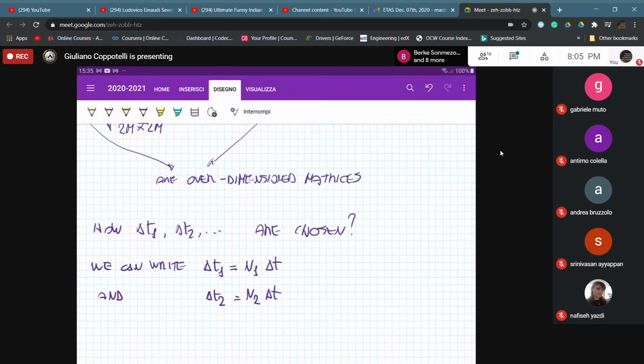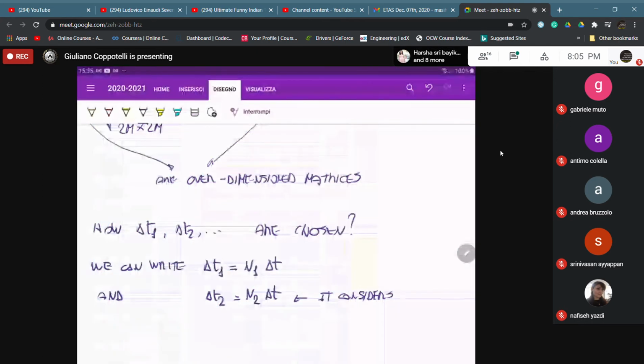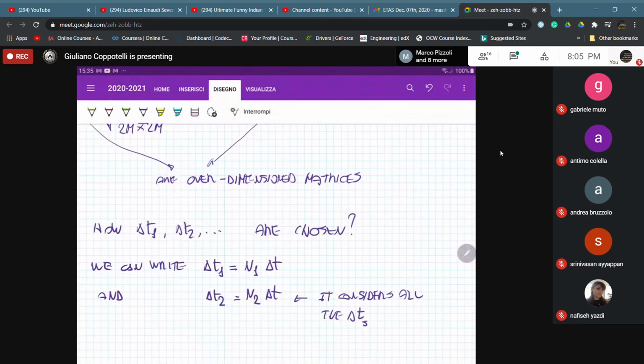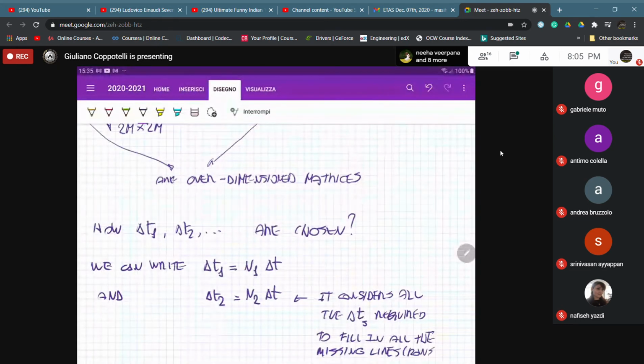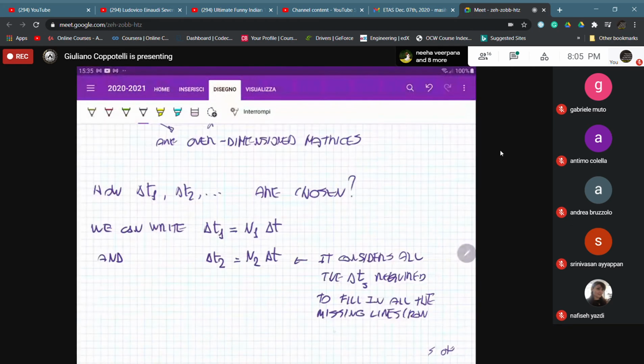Okay, so it considers all the delta T's required to fill in all the missing rows of kinematics and hard kinematics, just to reduce the number of symbols that we are using.